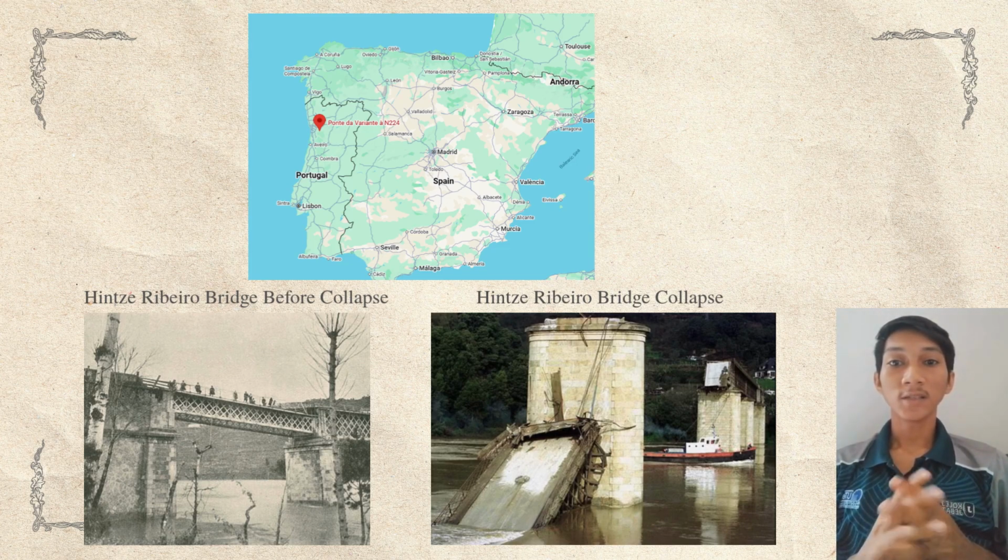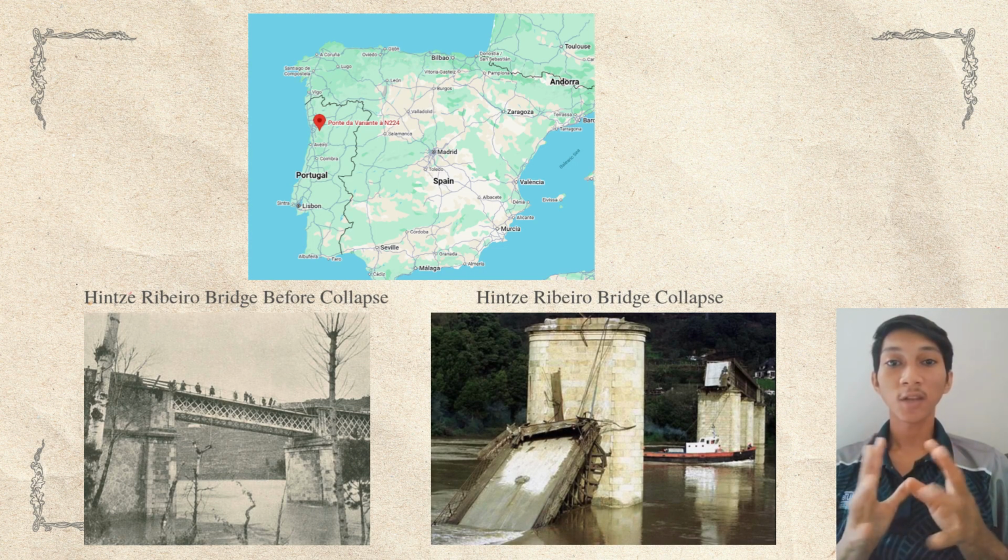By comparing these images, we can clearly see the severe impact of foundation failure on the stability of a bridge structure. This disaster emphasizes the importance of regular inspection, maintenance, and monitoring of bridge foundations to ensure public safety.